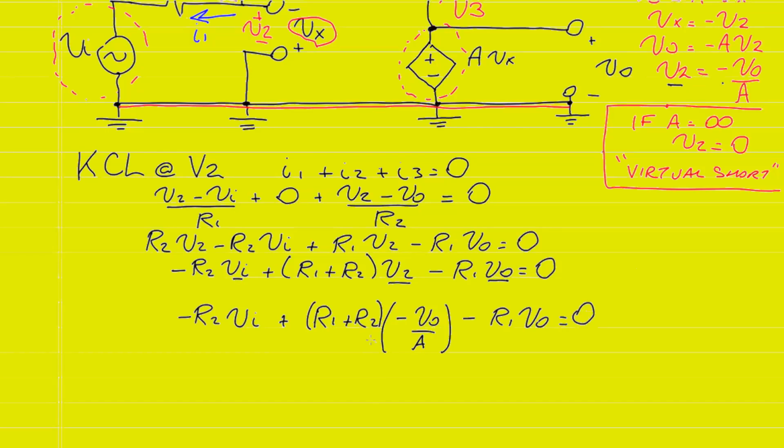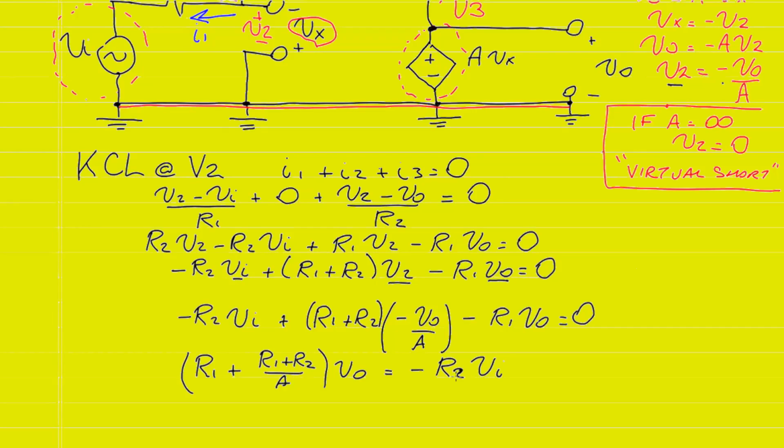We can clean the equation up by moving our Vouts to one side and our Vins to the other side. If I do that, I'll get R1 plus R1 plus R2 over A, all times our output voltage, will be equal to the negative of R2 times our input voltage.